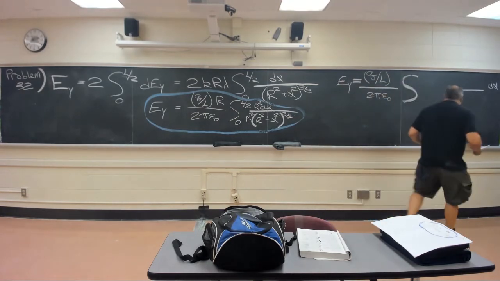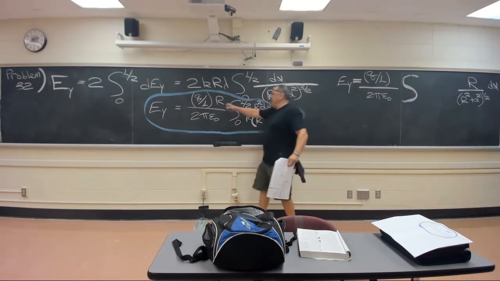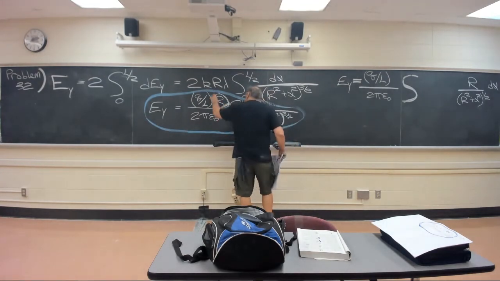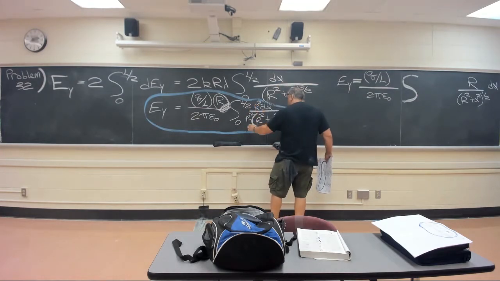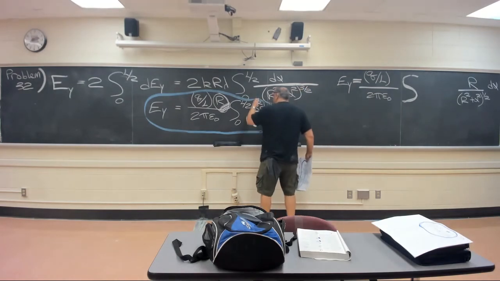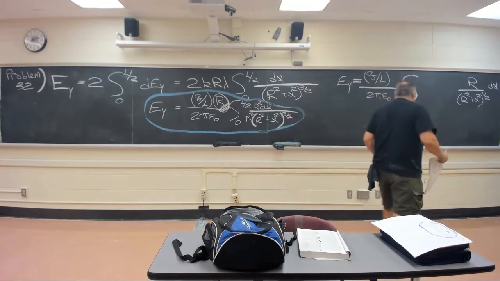Let's have that one pulled out, guys. To the 1/2, and I brought the R in from right here. I brought that R into here as well. So you had R squared over R squared, and there's an R right here. Bring that R, so you got R cubed over R squared. Well, R cubed over R squared is just R. That's what we had over here anyway. But there's a reason for this.